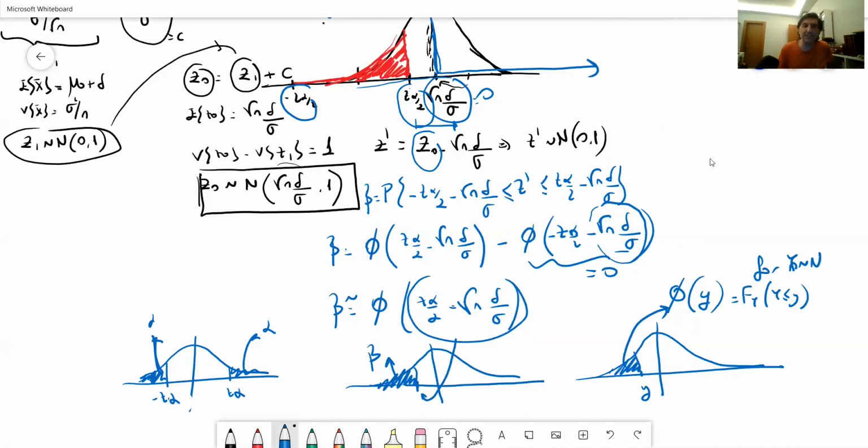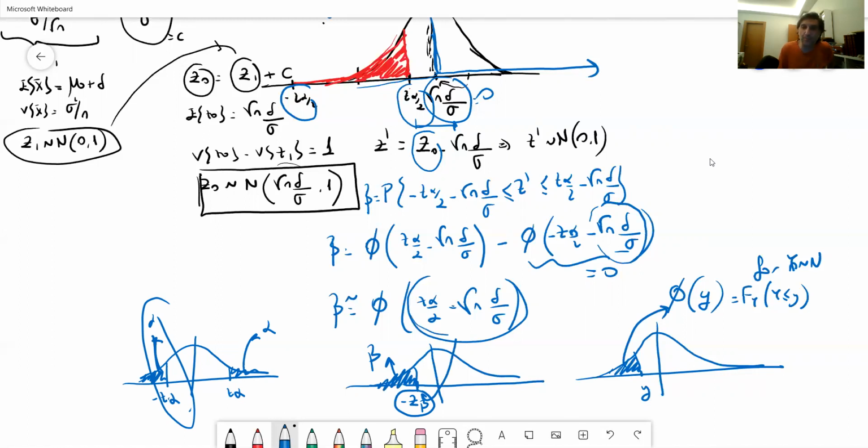Since this representation has already been used, we use the same thing here. We write minus z beta. It means the z value with a right-hand tail equal to beta probability, but we are going to take the negative of that now.